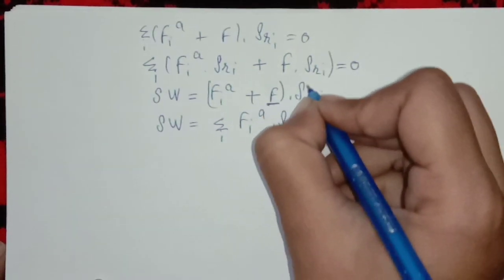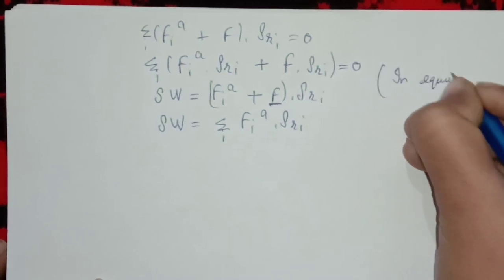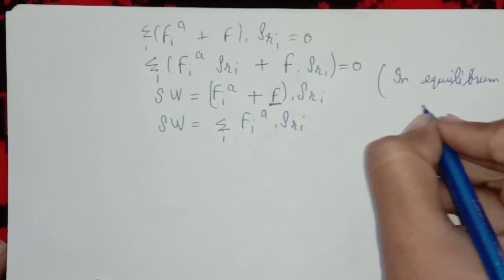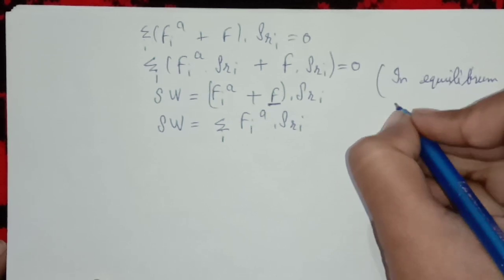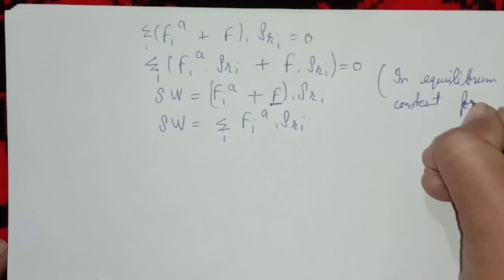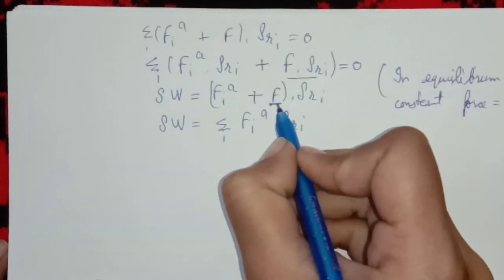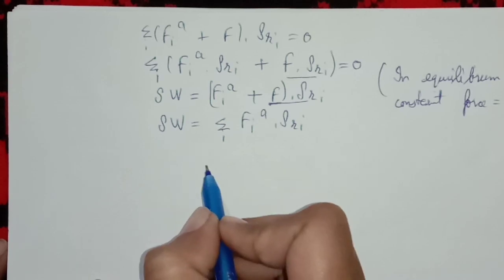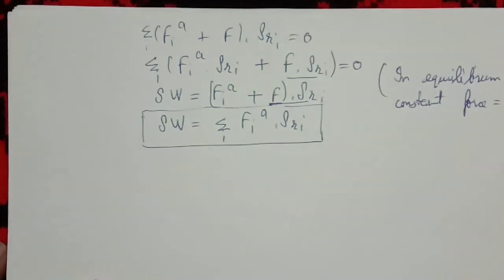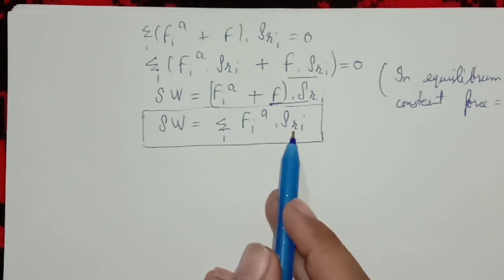And in this value we write here, in equilibrium, due to the applied force the constraint force is 0. So this value becomes 0. So we get delta W equals Fia into delta Ri. That means in virtual work we get the value of applied force with displacement.